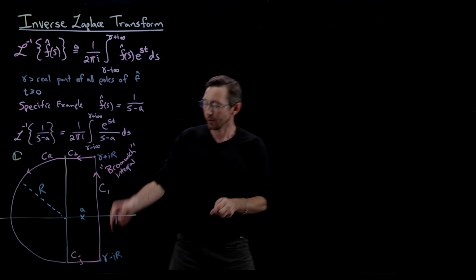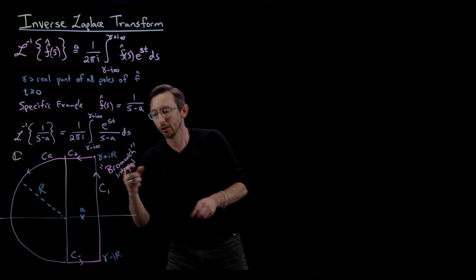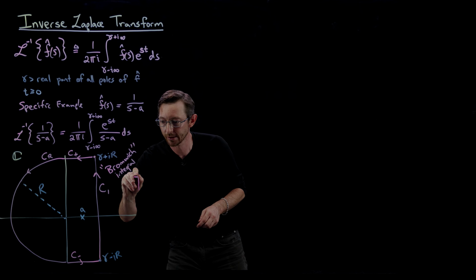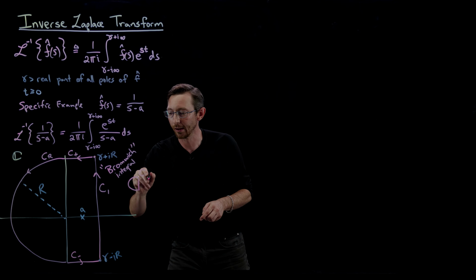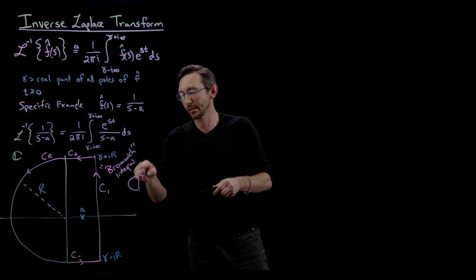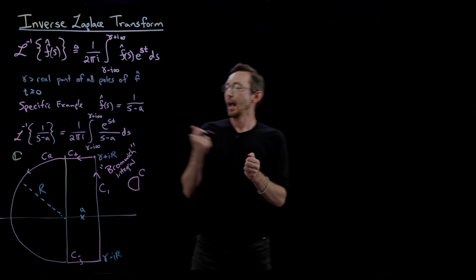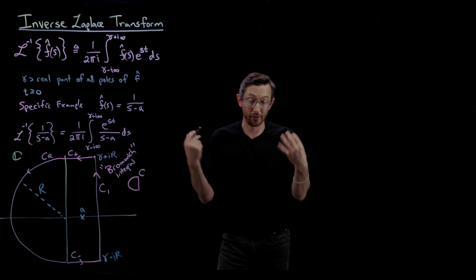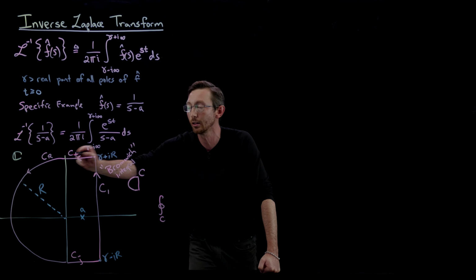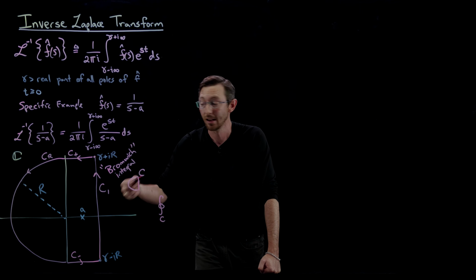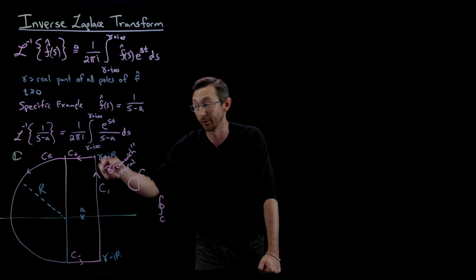This Bromwich integral is this full, large, closed contour that I'm drawing, this kind of backwards D. We're going to call that C. That's our contour C, which is our Bromwich integral. And what we know, because of the Cauchy integral formula, is that we can solve the integral over this big closed contour, for any radius at all.